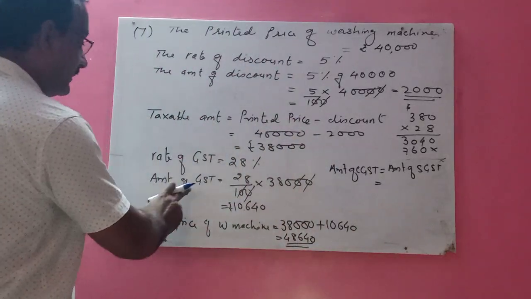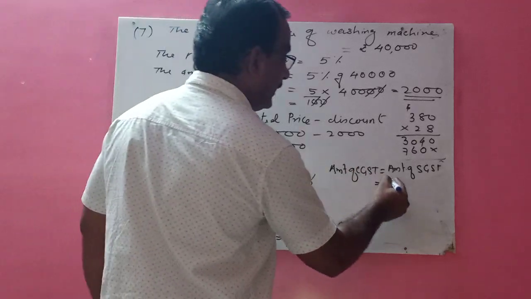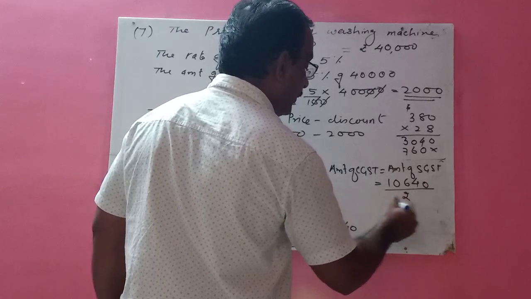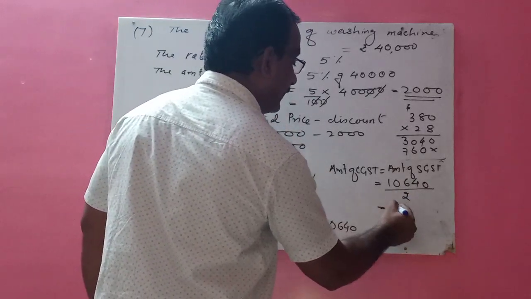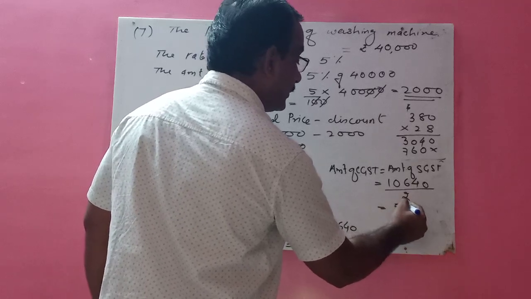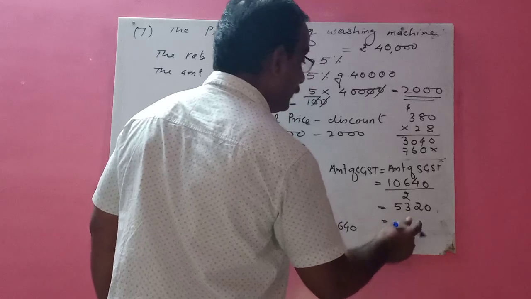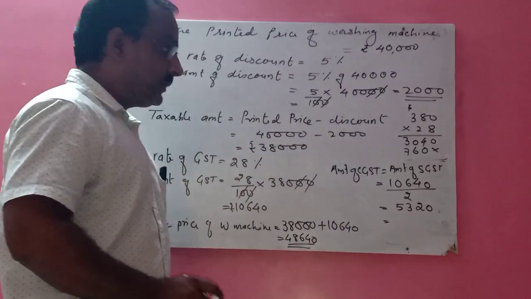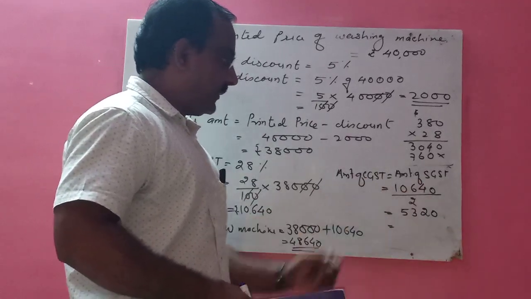How much GST did you pay here, children? 10,640. So 10,640 divided by 2. So how much will you get? 2 5s are 10, 2 3s are 6, 2 2s are 4 and 2 zeros are 0. 5,320. This is the amount of CGST as well as SGST.